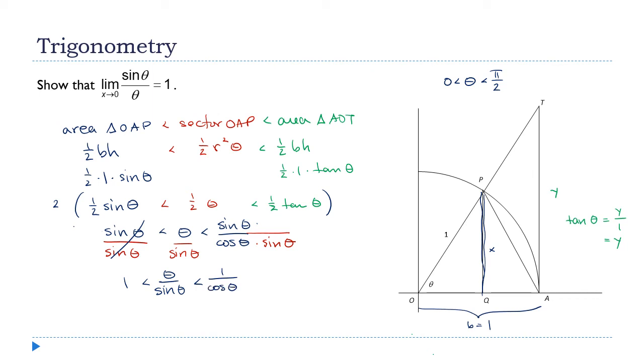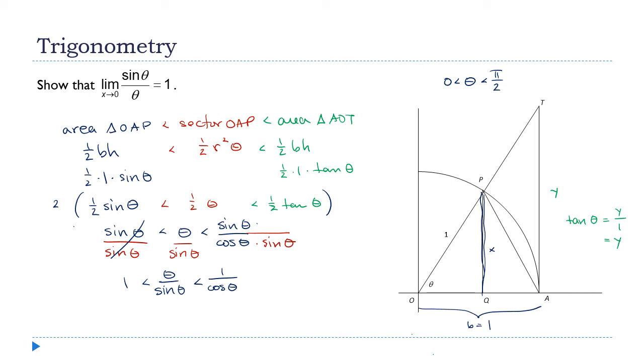Okay, excellent. Well, let's flip both sides over. I can do that. I'm going to flip all three parts over. Remember what happens when we do that with an inequality. The direction of the inequality changes.